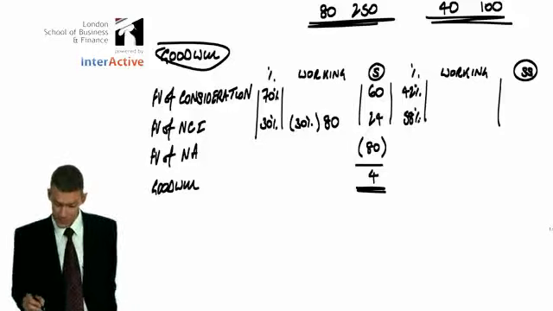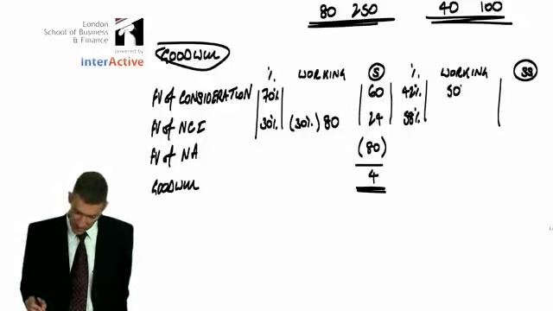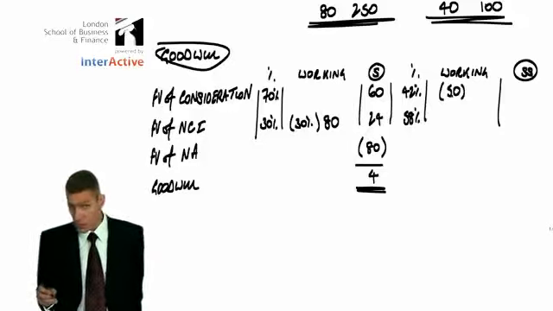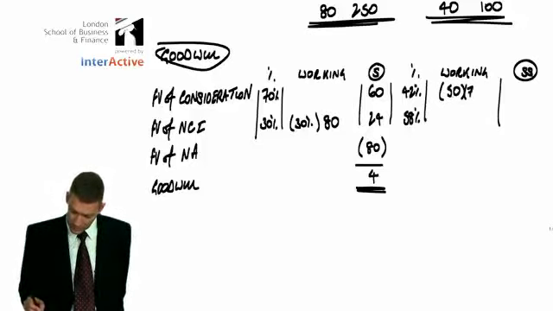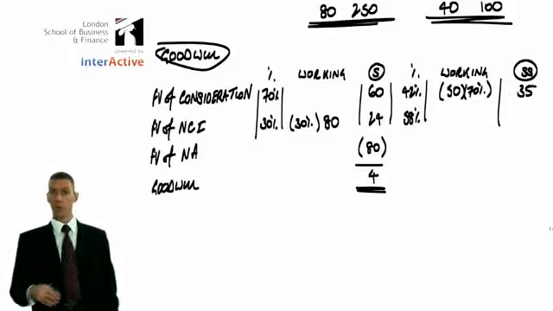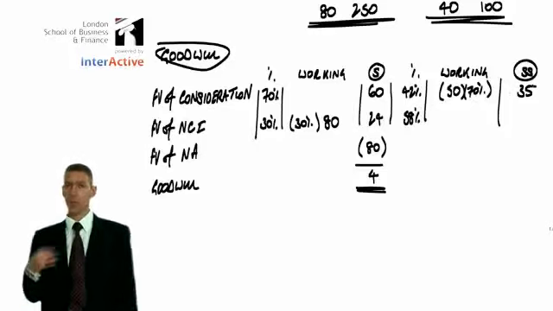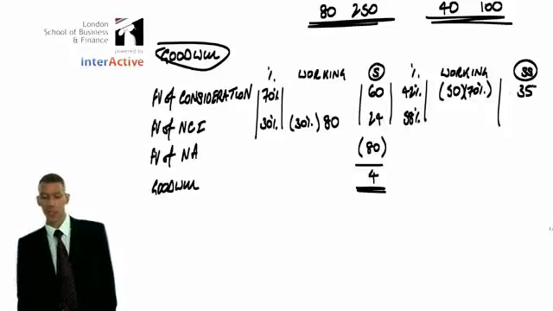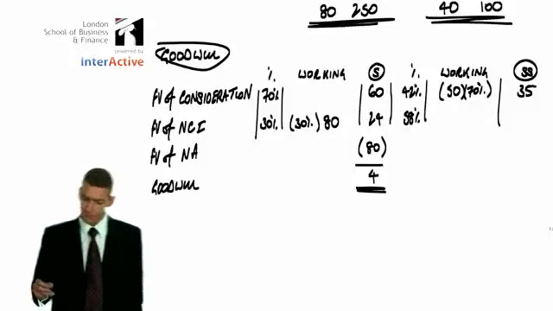So if they spend $50,000, then we spend 70% of that, which is 35. So our cost of our consideration up in the parent, the ultimate parent, is 35.